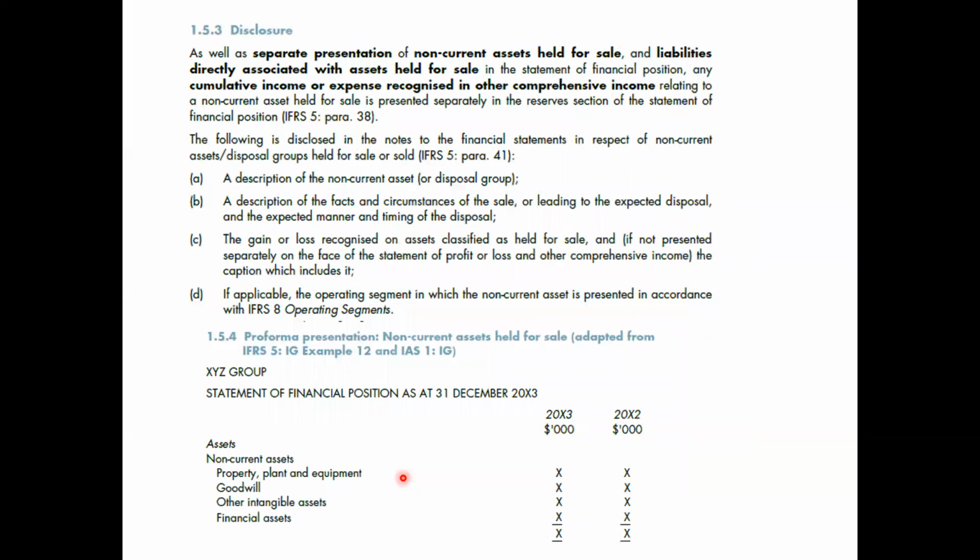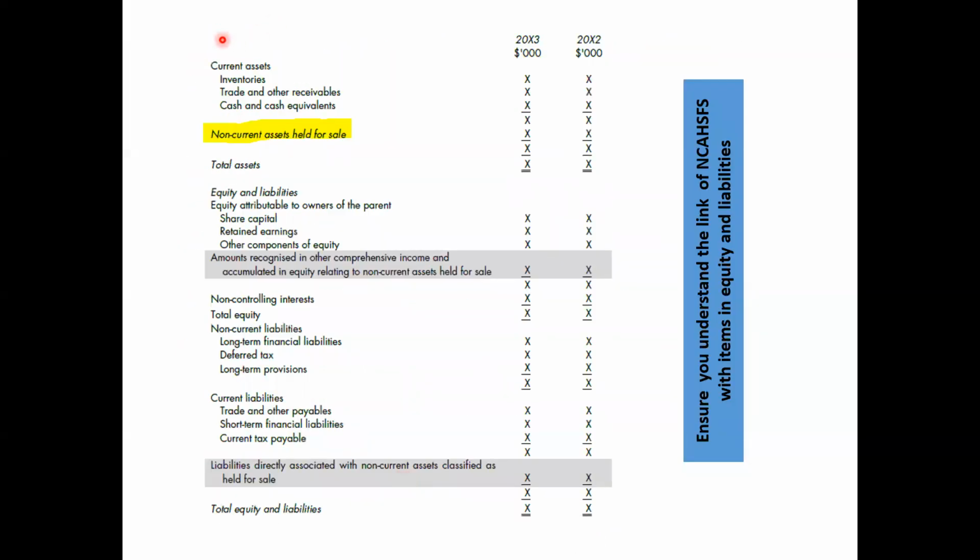So when we look at non-current assets held for sale, you will see in my financial statements separate disclosure. Okay, and then if we go to the part that we need to recognize, amounts recognized in other comprehensive income and accumulated in equity relating to non-current assets held for sale, there's certain items, and then liabilities directly associated with non-current assets held for sale separate. We cannot offset liabilities against assets. We need to show it separately.